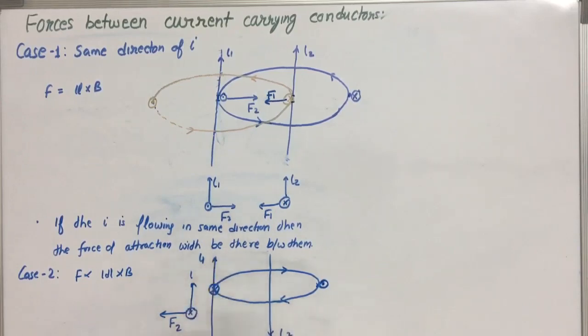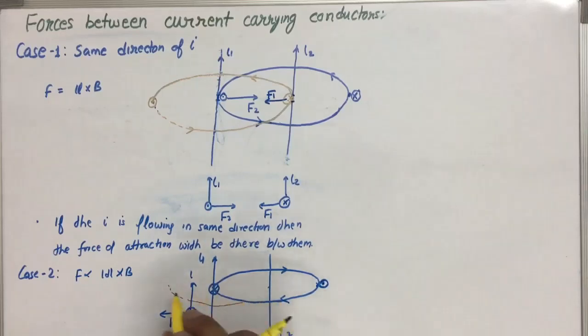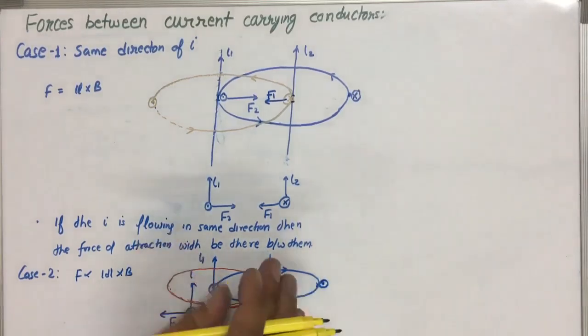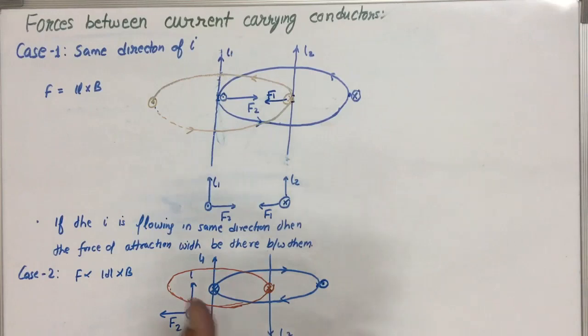Either we can say, combining all, the force at this conductor. Similarly, consider the field due to this element here, that will be similar to this, there is no change. So here the field will be downward. It will be anti-clockwise.